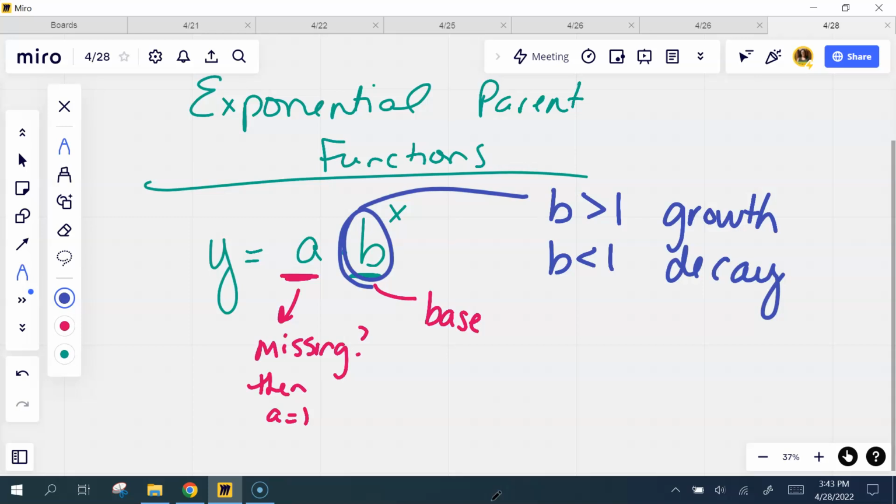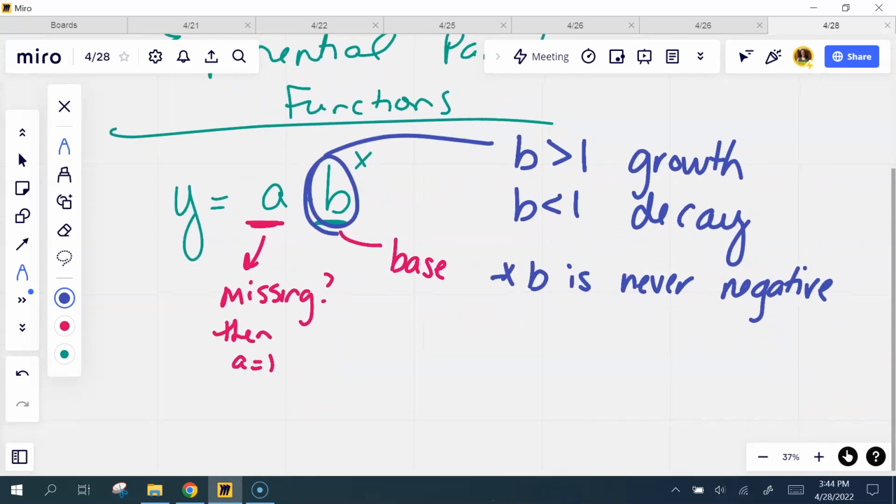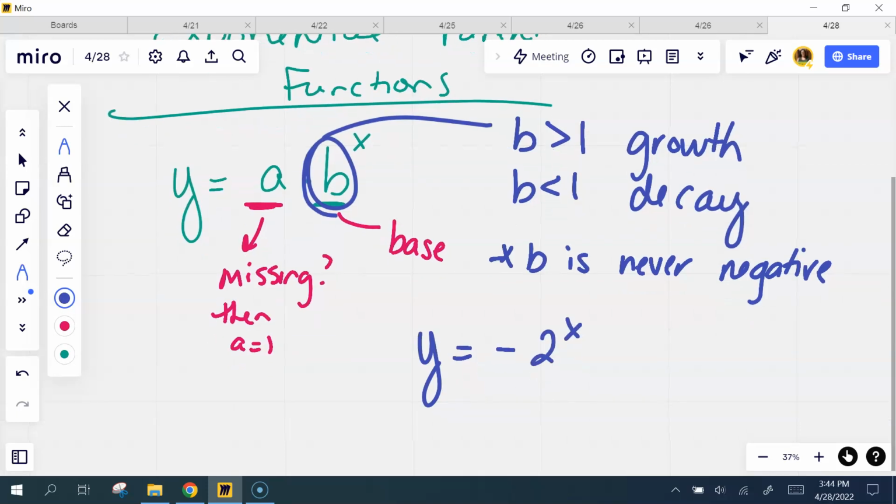So let me expand on this just a little bit because here B is never negative. So notice I said greater than 1 or less than 1. If there is a negative here, for instance, if I have y equals negative 2 to the x, what this means is that A is negative 1 here.